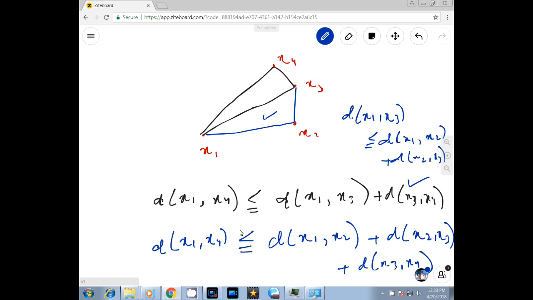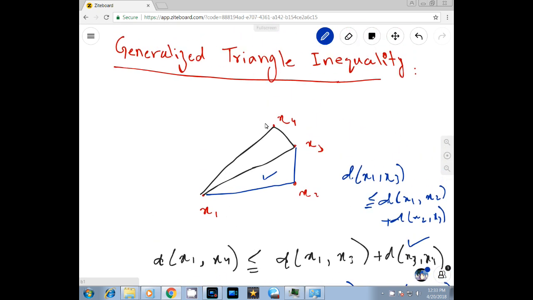Now proceed further and go to the point xn. The last point is xn, and the point just behind it is xn minus 1. So you have a new triangle, this one.